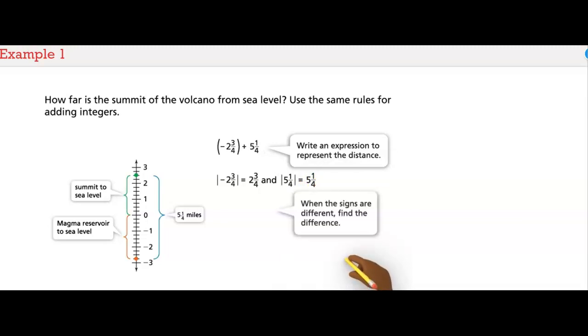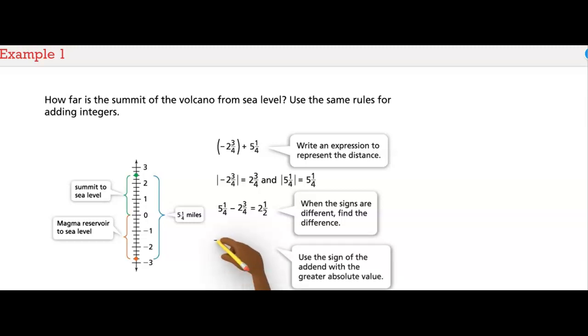When the signs are different, find the difference. 5 1/4 minus 2 3/4 equals 2 1/2. Use the sign of the addend with the greater absolute value. -2 3/4 plus 5 1/4 equals 2 1/2.